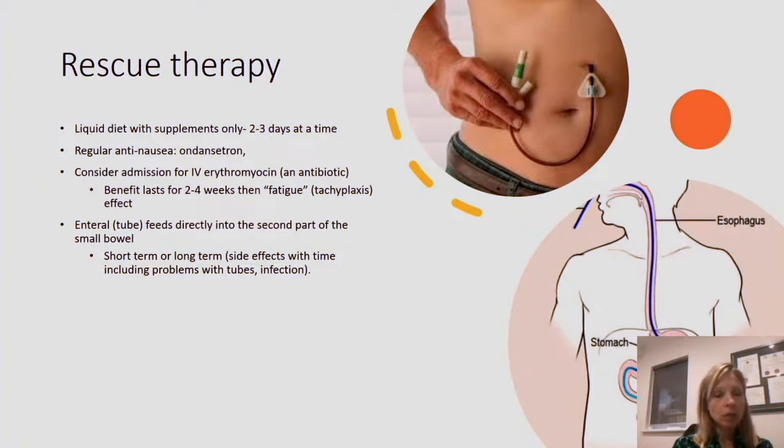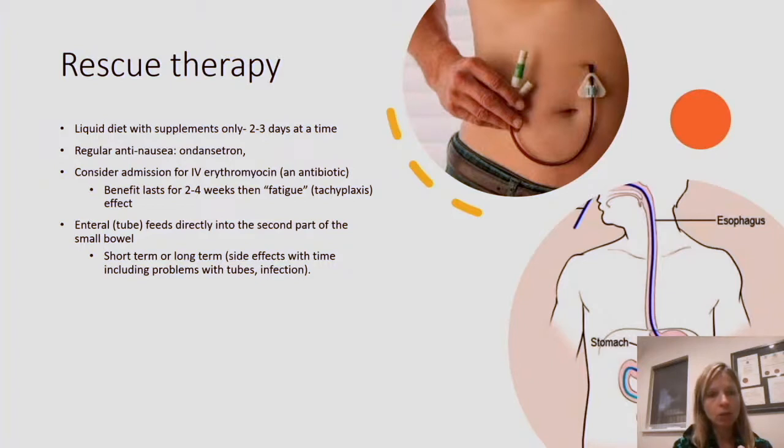The first-line rescue therapy is admission, or at home, a pure liquid diet for 2 to 3 days at a time, using ondansetron along with that, but then being mindful of the dose of the other prokinetics that were being used, and also potentially using an oral erythromycin as a salvage therapy.